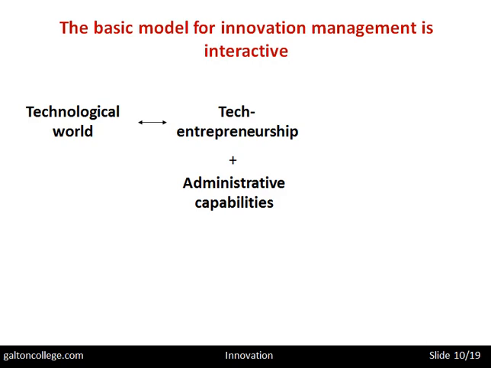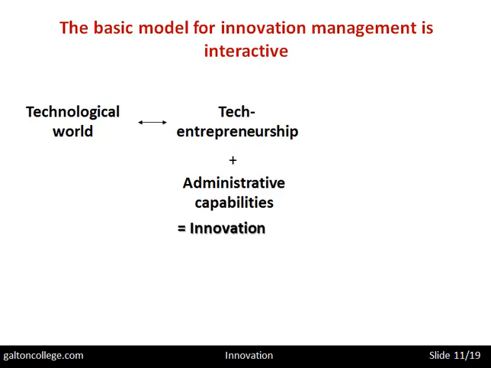If we take tech entrepreneurship and add in administrative capabilities, then we've got two key components here. We've got, first of all, the technological know-how, the changes that are brought about by this technological inventiveness and the whole technological environment, plus administrative capabilities. The administrative capabilities suggests good at business.